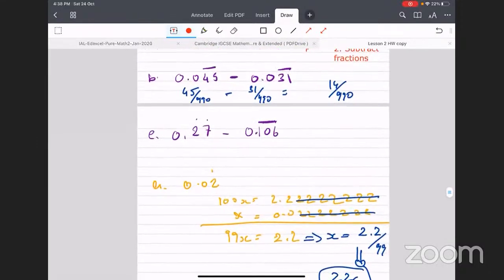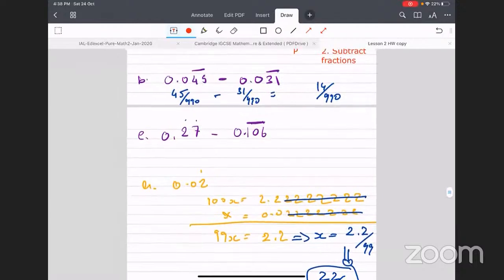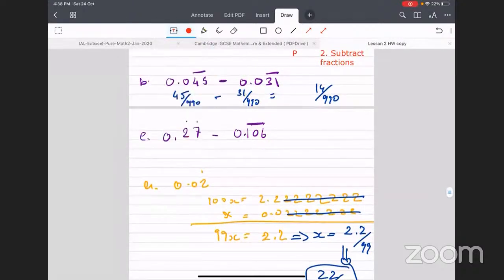So 0.27 bar would be equal to 27 over 99, minus 0.106 bar. 106 bar would be 106 over 999. So you need to get a common denominator.